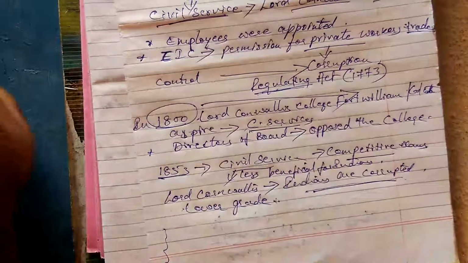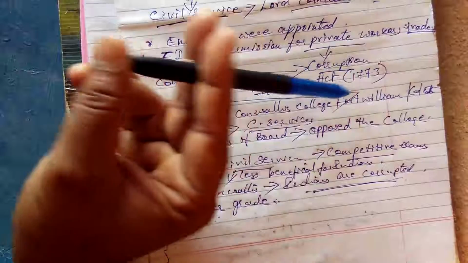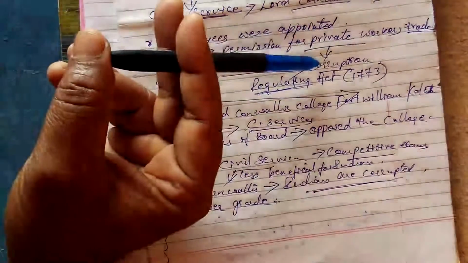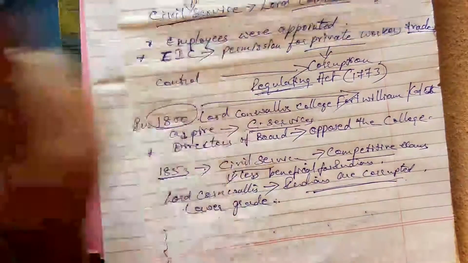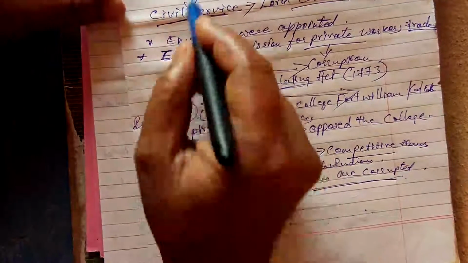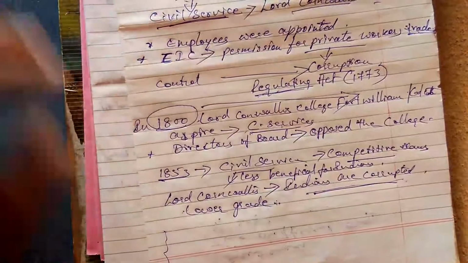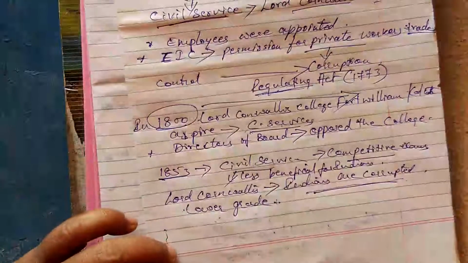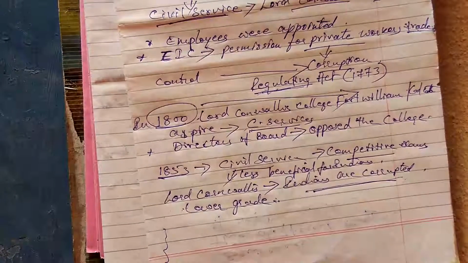And in between, we can also see the introduction of the Regulating Act in 1773, introduced in order to control the corruption being done by the private workers. So this is about the administrative changes which took place, especially after the arrival of the British. And about the judicial system we will check out later.